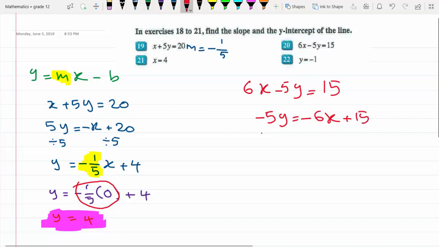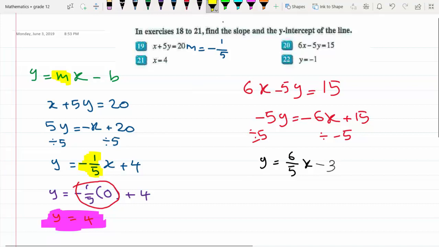Now to get rid of this negative 5, we are going to divide both sides by negative 5. Then y equals negative 6 divided by negative 5, which is just 6 over 5 x, plus 15 divided by negative 5, which is going to be negative 3.